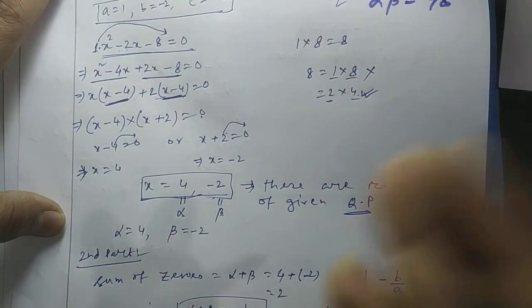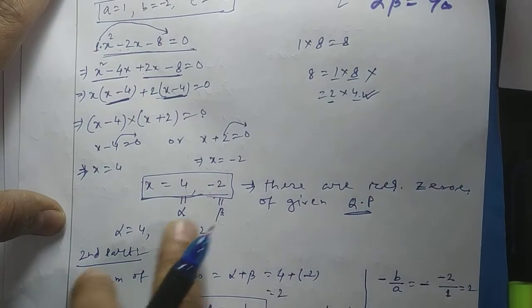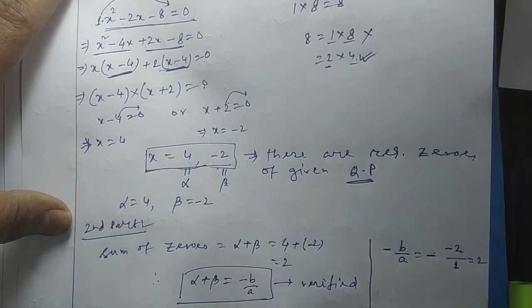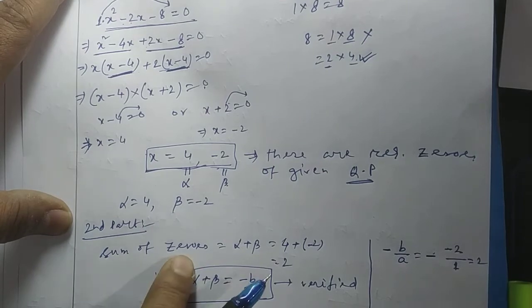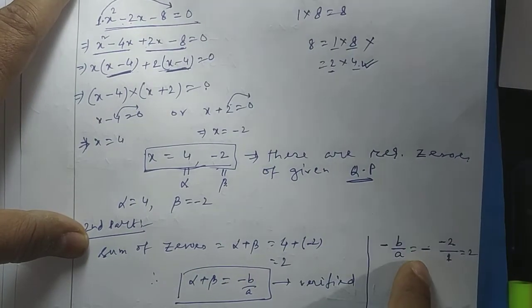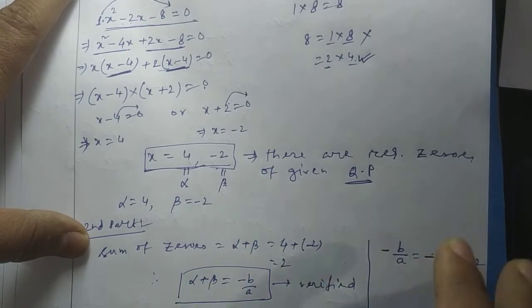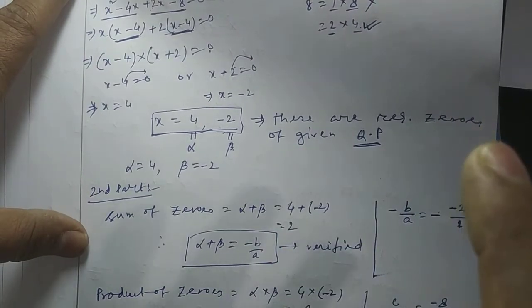After finding zeros, give the name alpha, beta. Then check both relations one by one. First find alpha plus beta, and at the same time find minus b by a. Then compare. If you see both are equal, then it is verified, otherwise not.